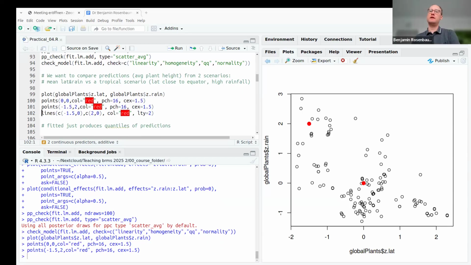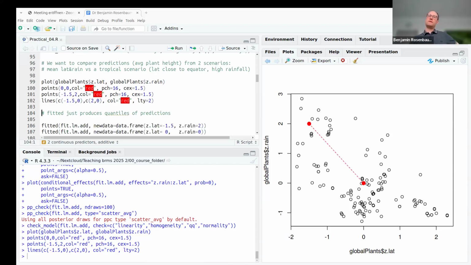So here, I think at around -2, this is the equator with a high rainfall. Both of these points are different in their latitude and also in their rainfall. And you would be interested in comparing the mean plant height between both of these locations or combinations of the predictors. So you want to compare predictions between these two points.